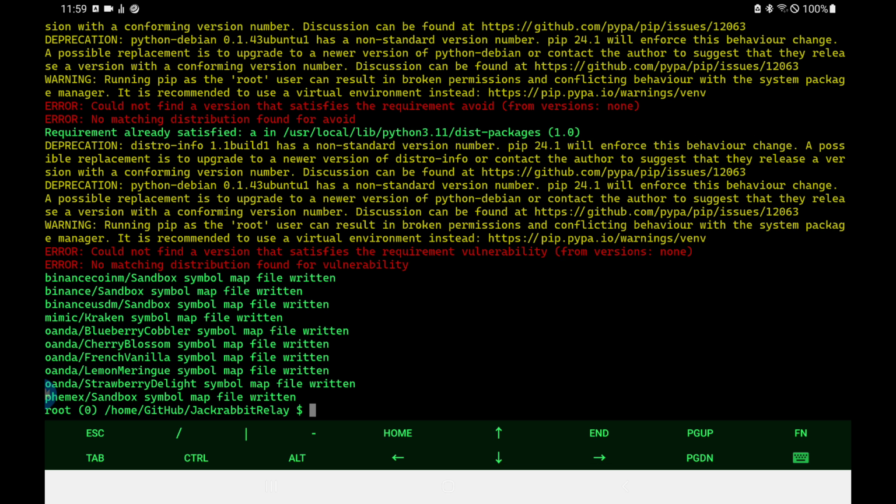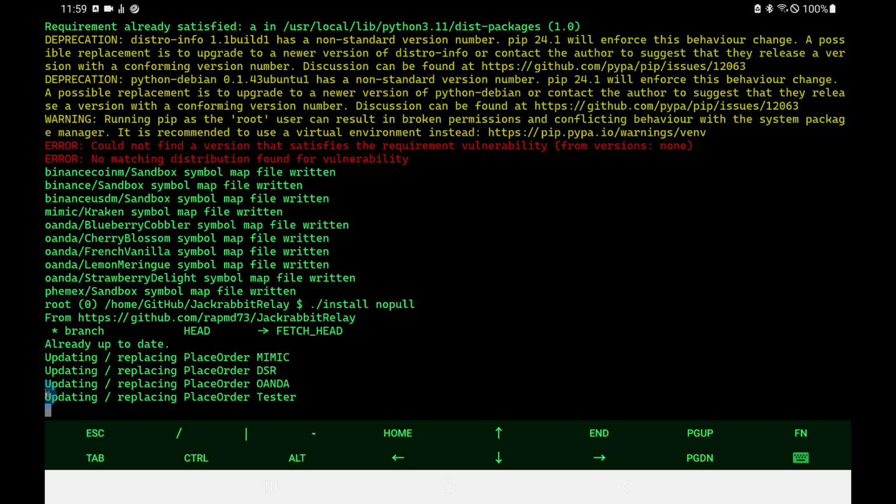But as a precaution, run the install again with the argument of no pull. This just double checks that everything is updated properly. And next, you want to update all of your placed orders for exchanges you use.